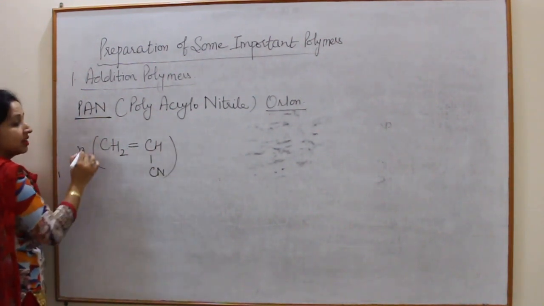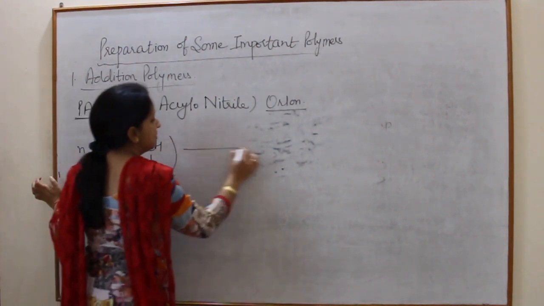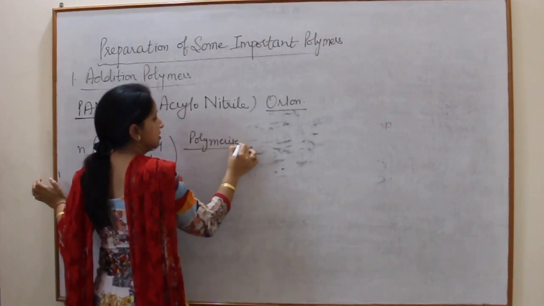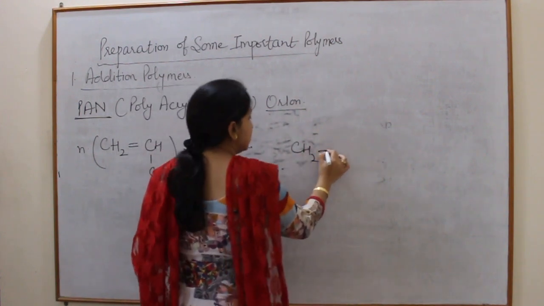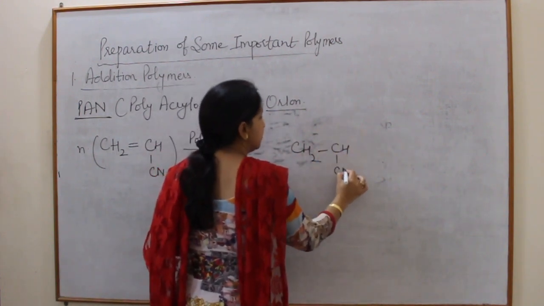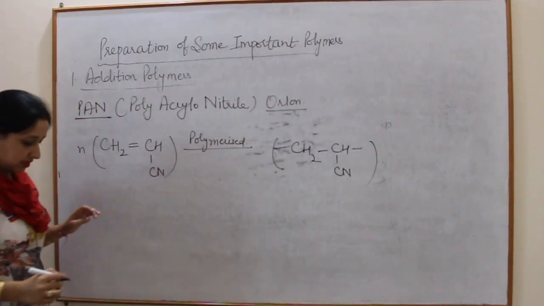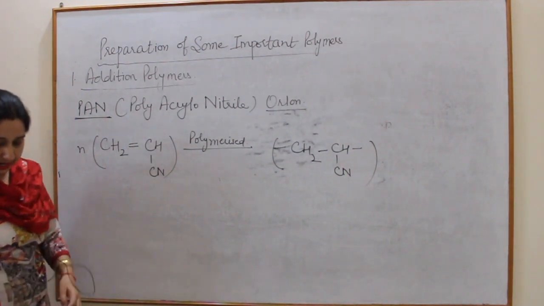This is your acrylonitrile, and when it gets polymerized, then we will get polyacrylonitrile like this. So this is your polymer polyacrylonitrile.